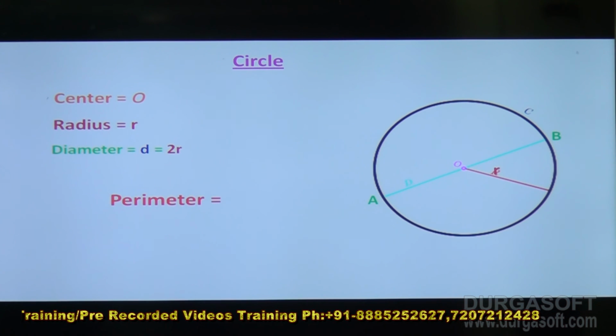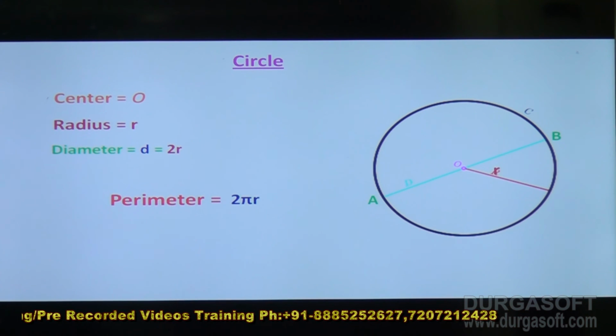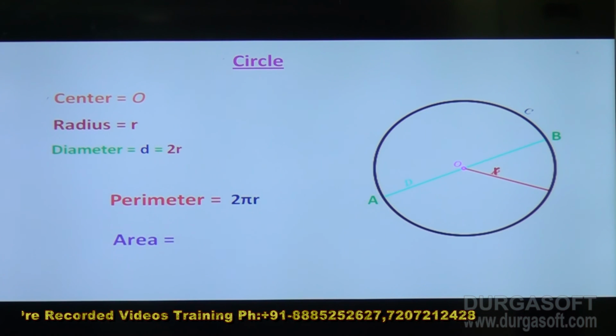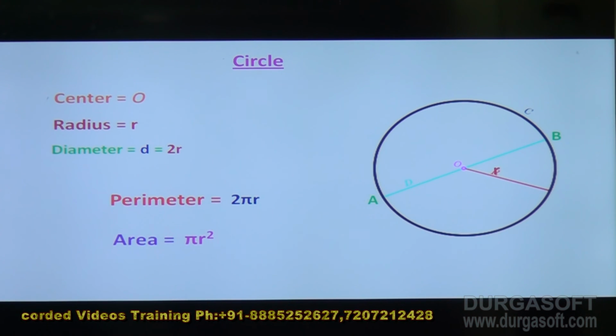And if we talk about the perimeter, the value will be 2 pi r. And if we go for the area, it will be pi r square.